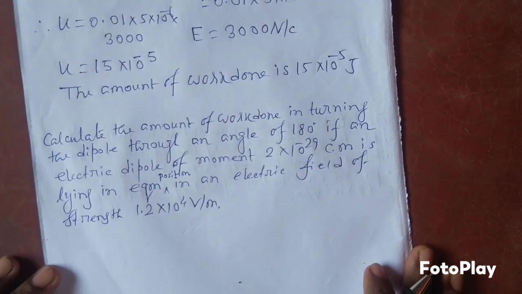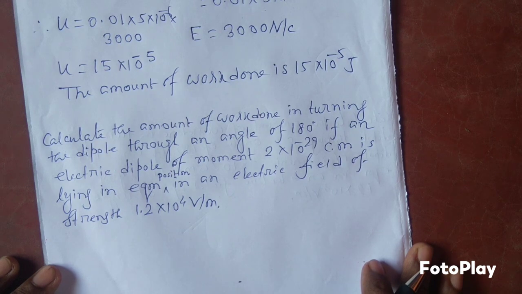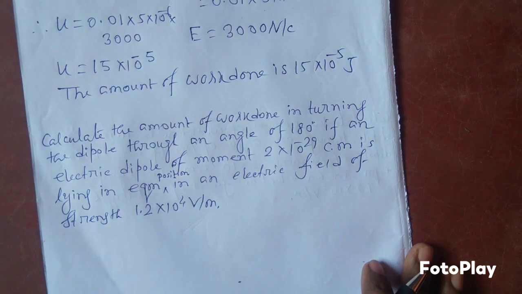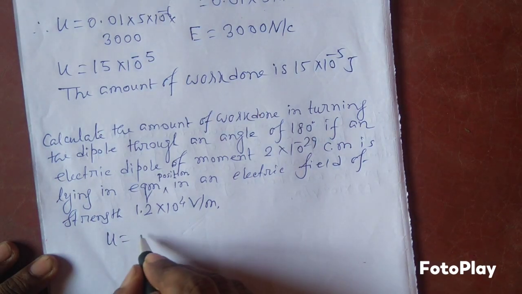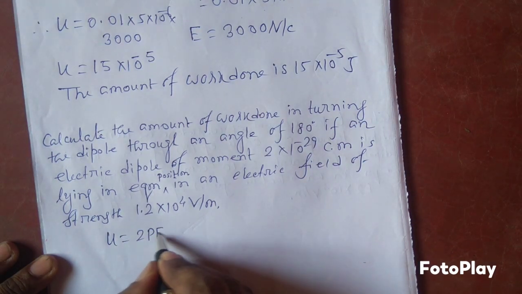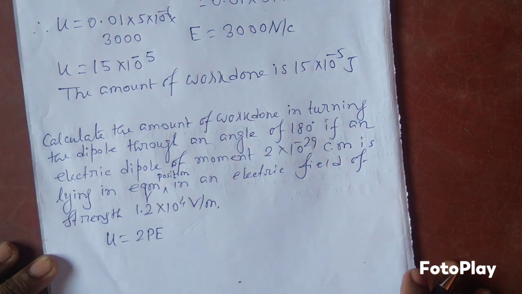Second numerical, calculate the amount of work done in turning the dipole through an angle of 180 degree, if an electric dipole of moment 2 into 10 to the power minus 29 coulomb meter is lying in equilibrium position in an electric field of strength 1.2 into 10 to the power 4 volt per meter. So from the equation we get U equal to 2PE, since it is deflected through 180 degrees.